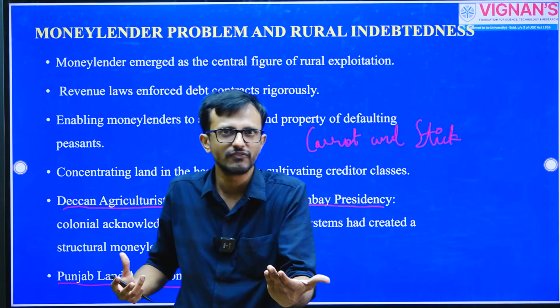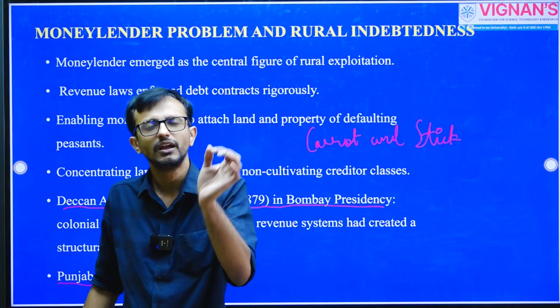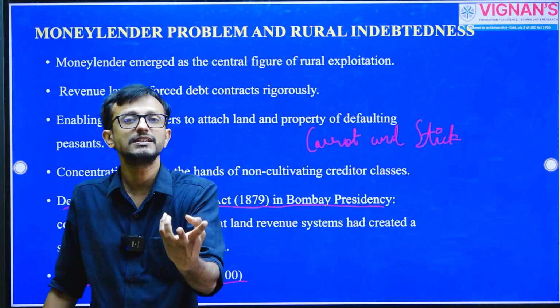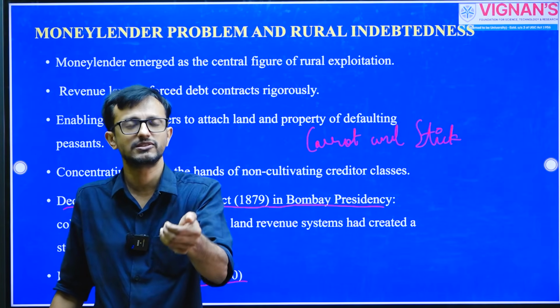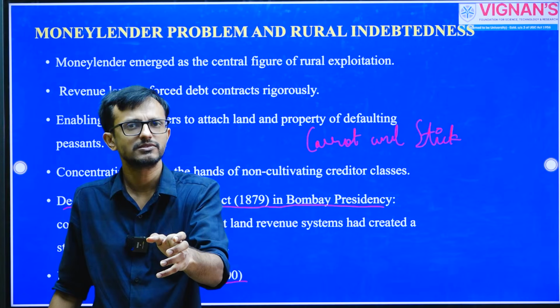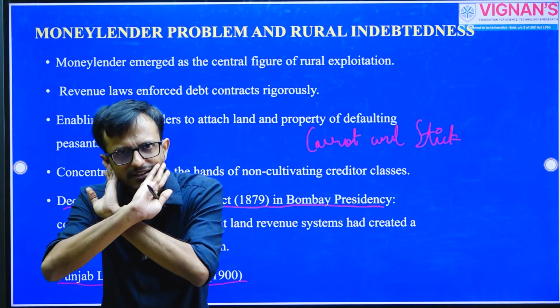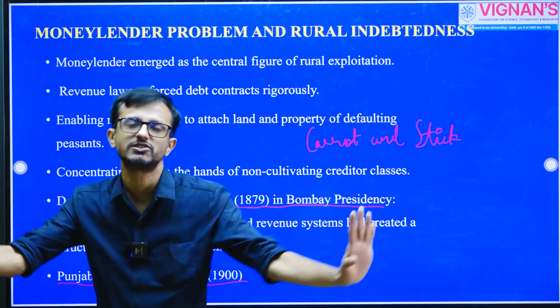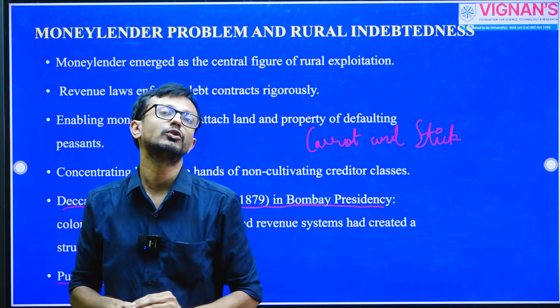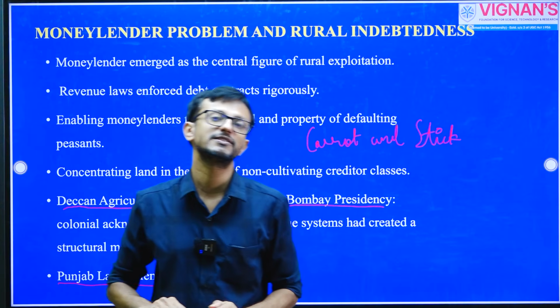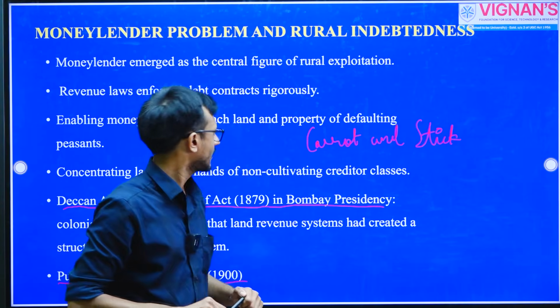Even the revolt of 1857, the Sepoy Mutiny, one of the major causes of grievance is the economic policies of the colonial state, which includes this idea of revenue settlements, right? So it had actually impacted the Indian peasants, the Indian society so much. That is why it's important to know about the land revenue policies. Plus, some previous year question papers were also related to the land revenue policies.